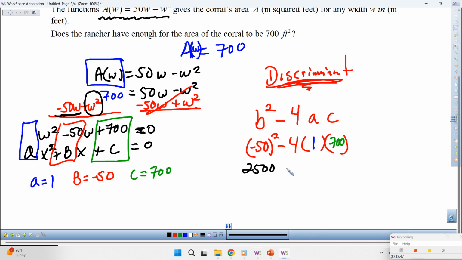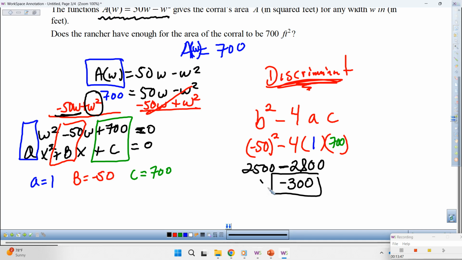That is correct. And then we've got negative times a positive times a positive, it's still a negative, so 4 times 1 is 4. 4 times 7 is 28 with 2 zeros. So what is 2,500 minus 2,800? That's negative 300. Box that.